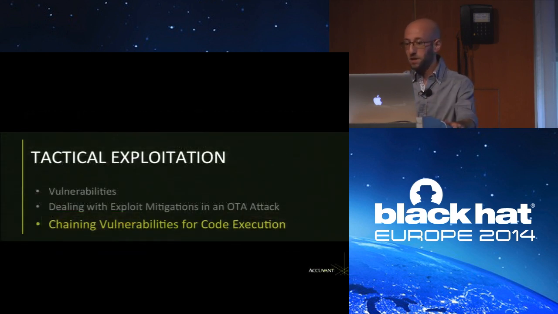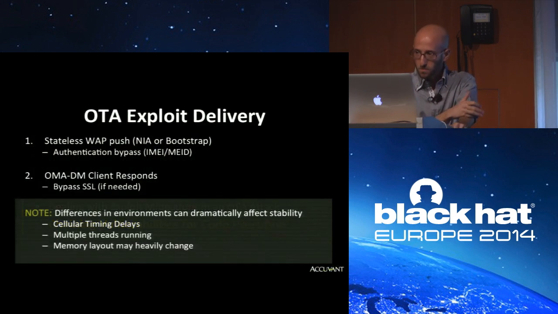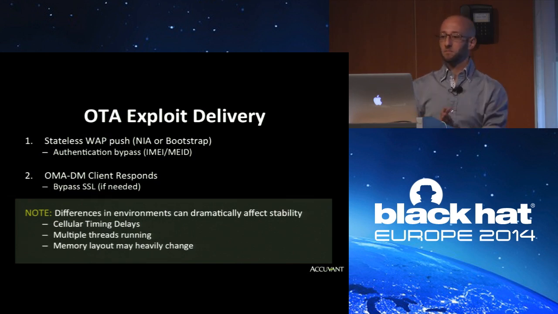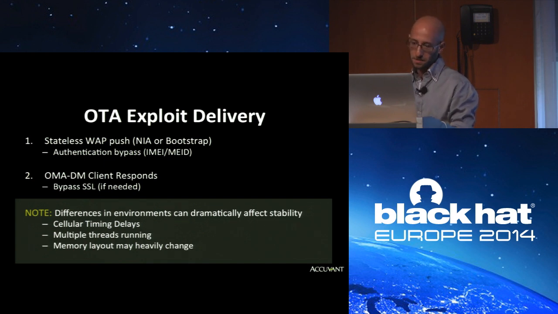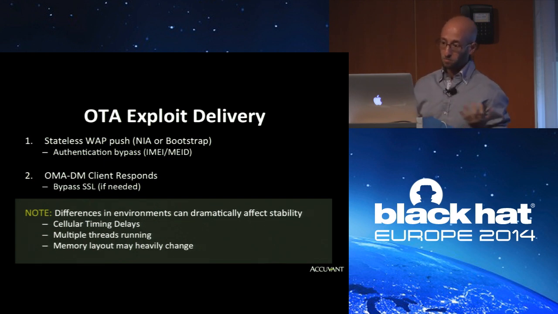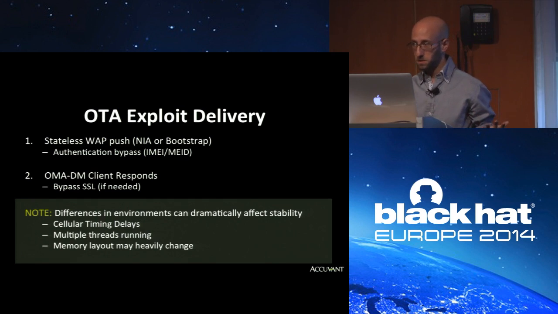So, I'm going to go into actually chaining vulnerabilities for code execution. Okay, so kind of going through the whole talk, we'll start with a stateless WAP push. Send a WAP to the device. It will either come in via an NIA or a Bootstrap.